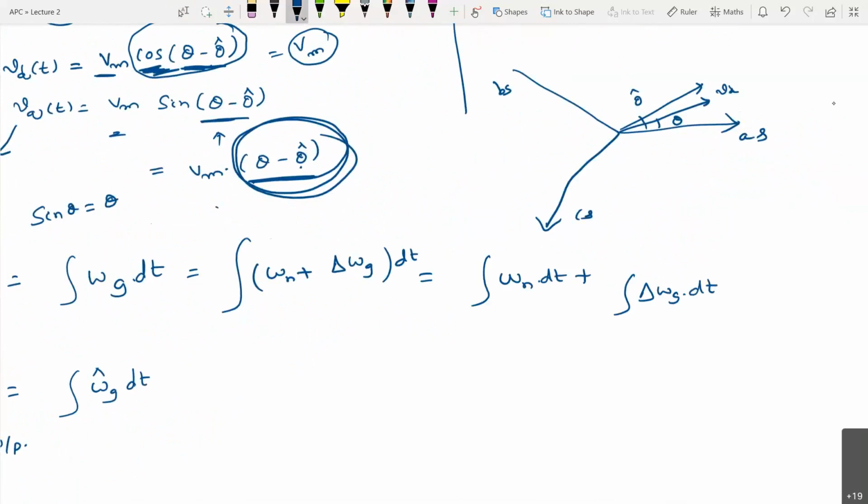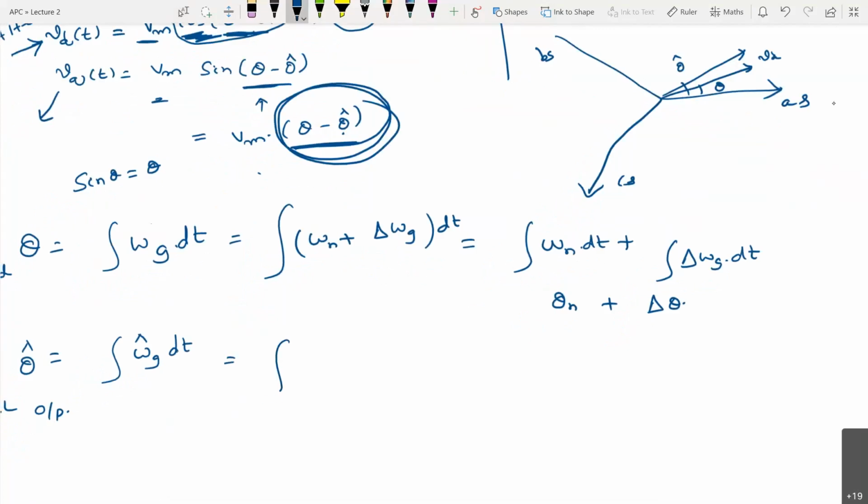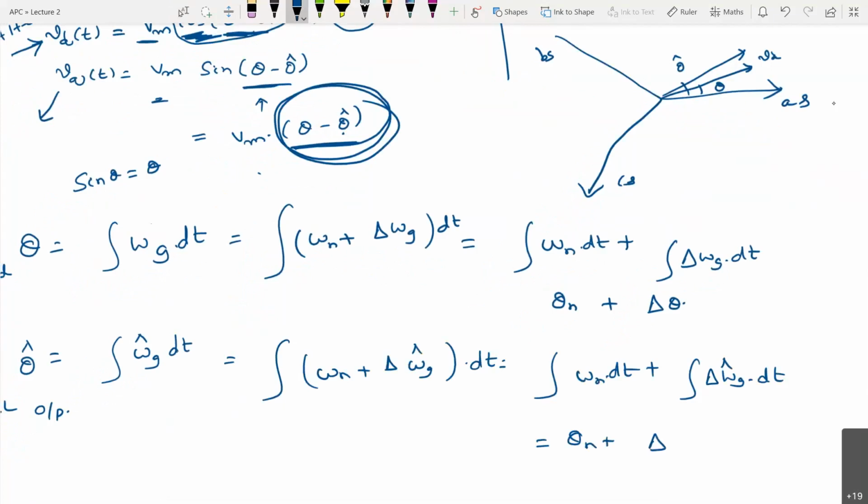So we have theta n, the nominal angle, and delta theta, this angular error. Same thing for the PLL: omega n dt plus delta omega g dt, so this is theta n, and this is delta theta dash. Clear?